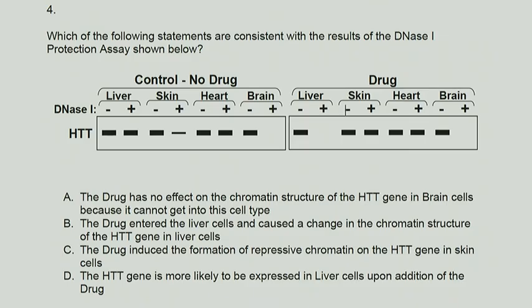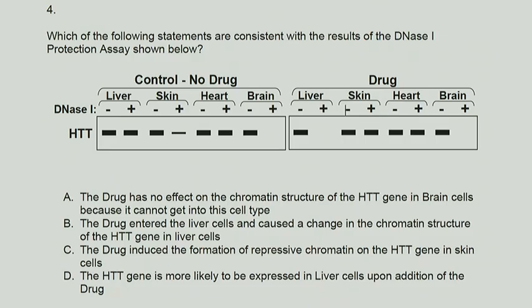Sure, this is all of them. Yeah, so for A, there is no effect on the chromatin structure of the Harringtonian gene in the brain when you add the drug. The inference here is that it's because the drug cannot get into the cell type. You don't actually have data on this from this question, right?